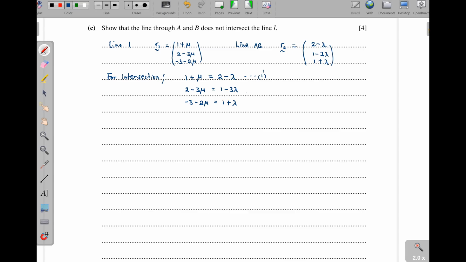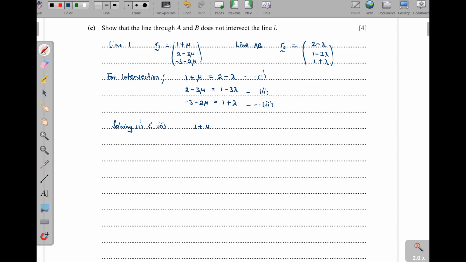This one is equation 1, this one is equation 2, this one is equation 3. It doesn't matter which equations you take. You can use these two, or these two, or this and this. Actually, I'm going to solve 1 and 3, because these ones I can easily add.